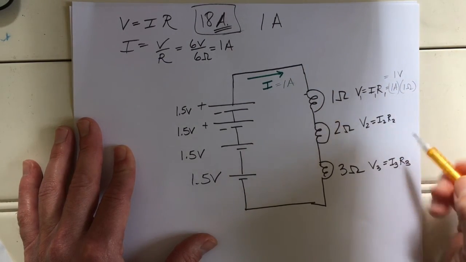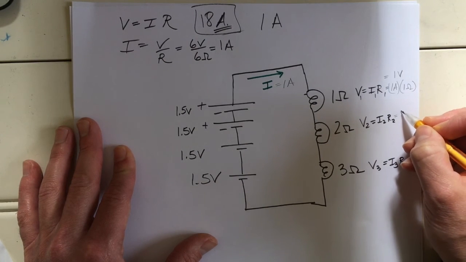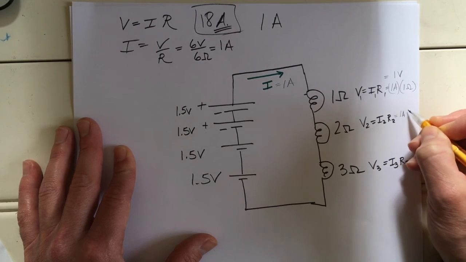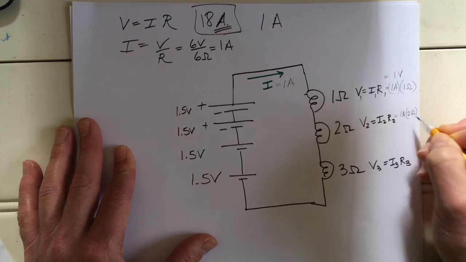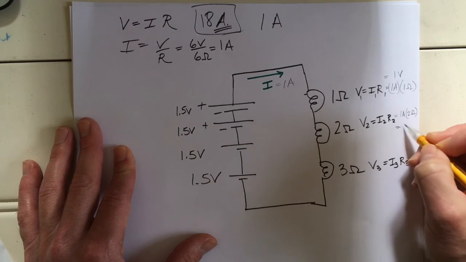Okay, so we spend 1 volt at that bulb. This one would be 1 amp times 2 ohms, which would be 2 volts.